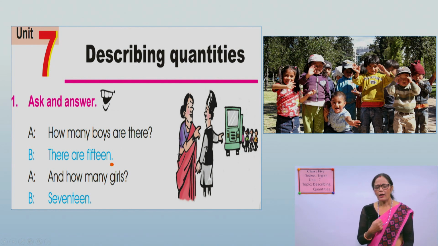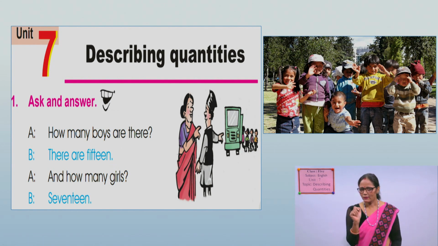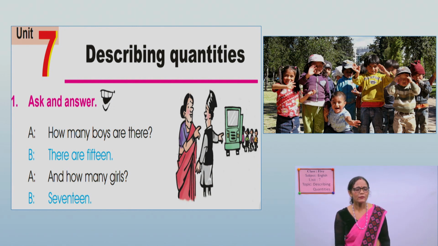Okay, I ask and you will answer. How many boys are there? Yes, there are 15. Then how many girls? You can read it out. 17. Very good.